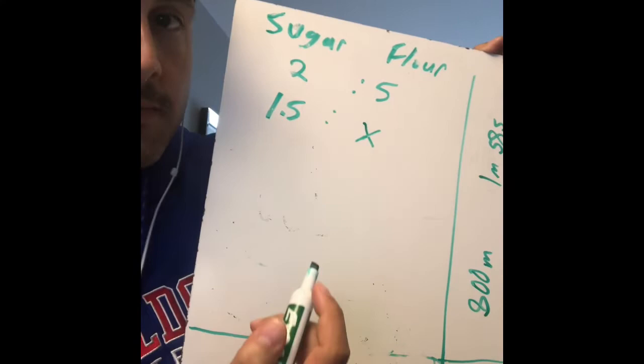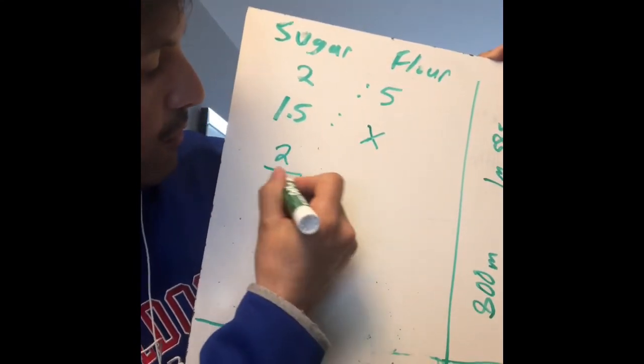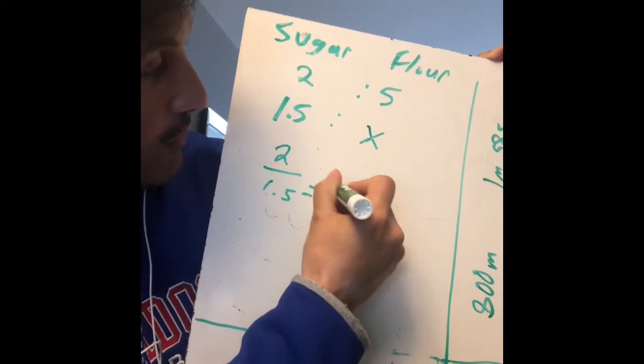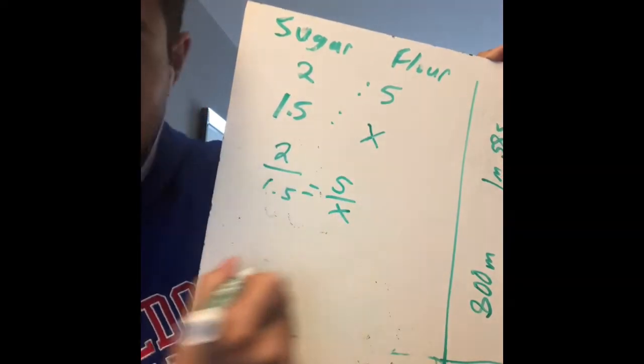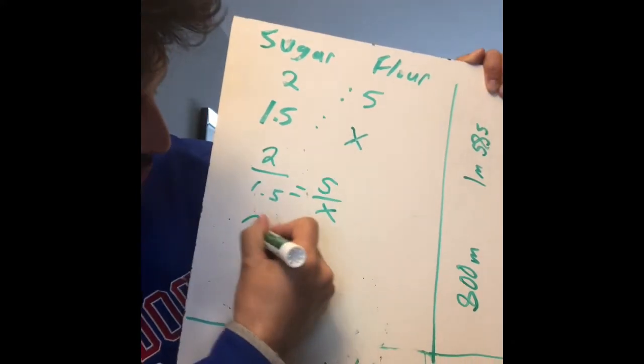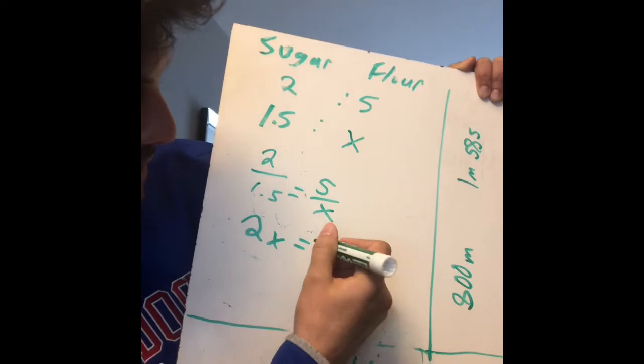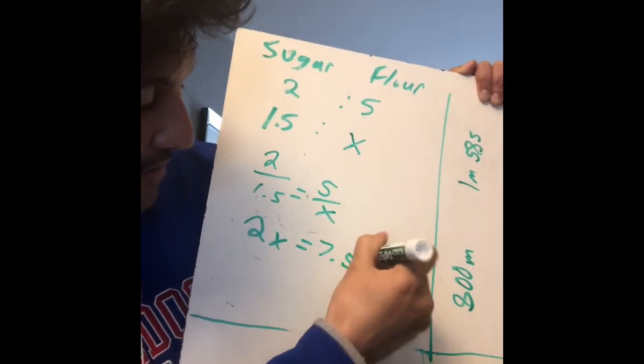So again, set up in a ratio or equivalent fraction situation. So 2 over 1.5 is equal to 5 over X. You want to cross multiply. So 2 times X is 2X, which is equal to 1.5 times 5, which is 7.5.